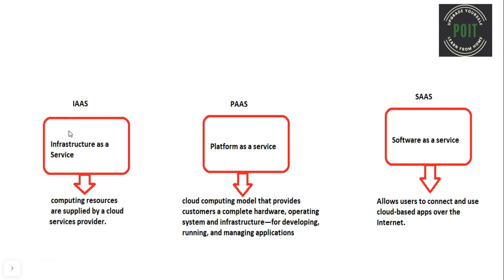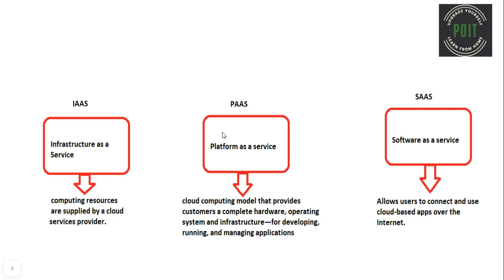And in infrastructure as a service, only the required hardware will be maintained by the cloud computing service provider, and the rest of all things like developing the software and maintaining the software and even maintaining the operating system on which the developers build the software need to be handled by us.